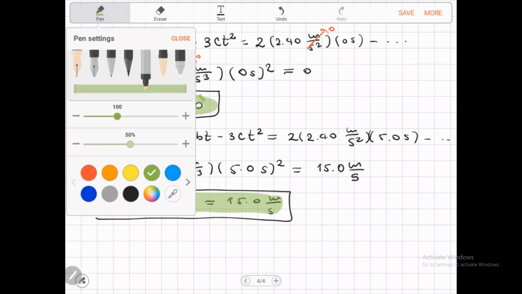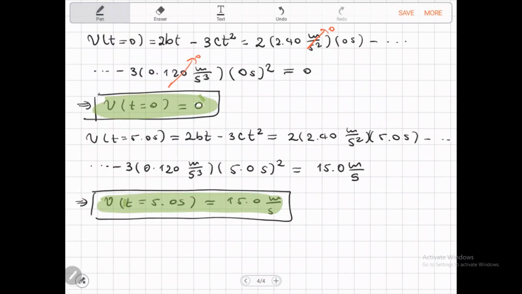Alright, but the situation is this. If you multiply 2 by 2.40 by 5, that is gonna be 2 times 2.40 times 5, that is gonna be 24. Okay, that is gonna be 24.